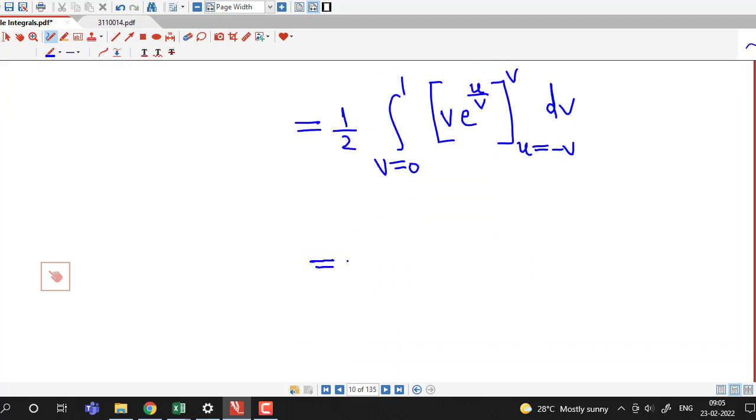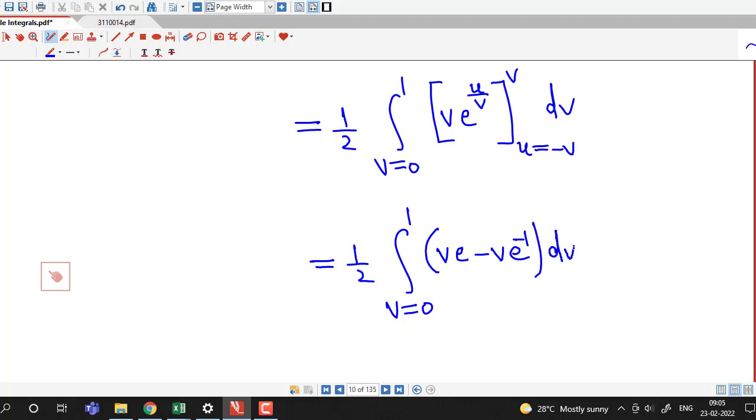Now we consider the limits. Upper limit for u is v. So if I take u equal to v, I will have e raised to v by v, that is e raised to 1, which is e, minus v times e raised to minus v divided by v, that is minus 1. So we obtain e raised to minus 1.